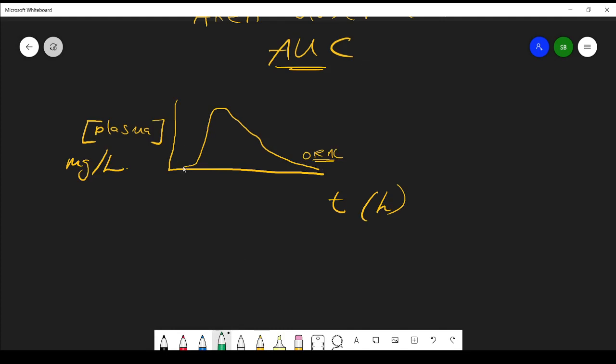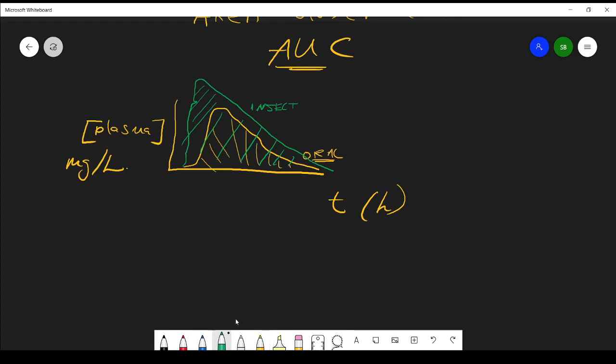But then when you do an injection, you bypass much of the issues of absorption and stuff like that, and you end up with this area under the curve here, and we're going to compare that with this area under the curve for this one.